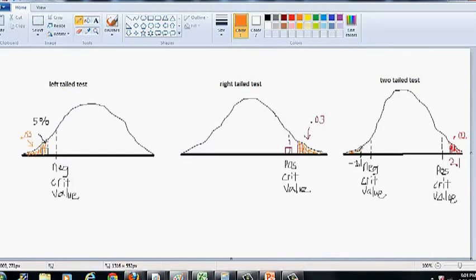If 2% of the combinations are at 2.1 or to the right up here, that means 2% of the possible combinations will also be in this area that's at minus 2.1 or to the left. Since the curve is symmetric, the left half is the same as the right half, so this piece right here has to be the same size as this piece over here, because these numbers are the opposites of each other.